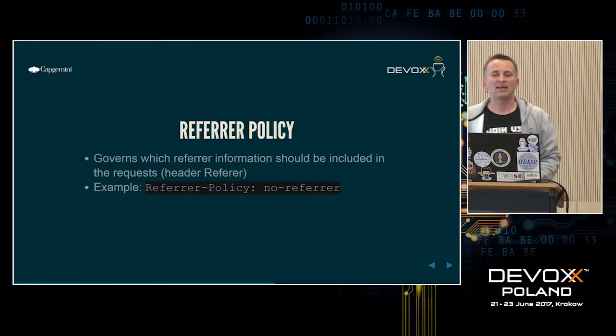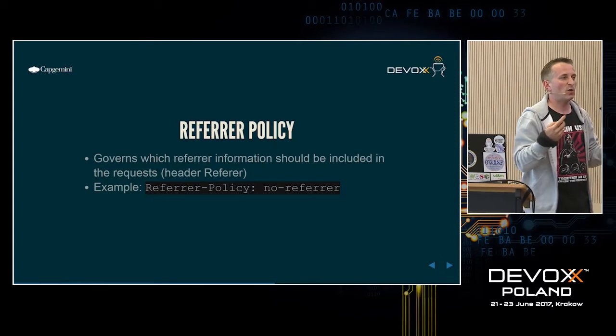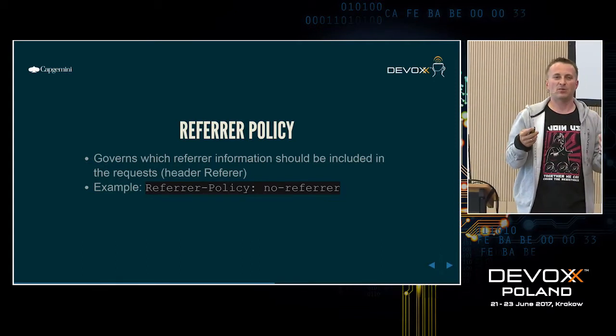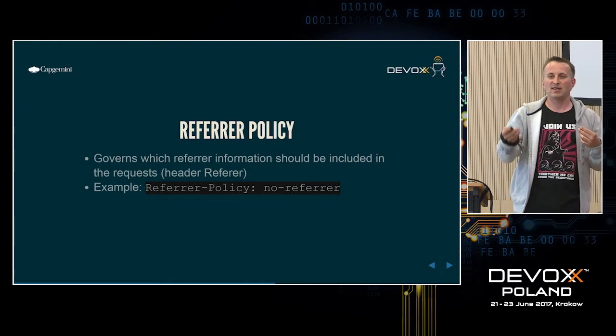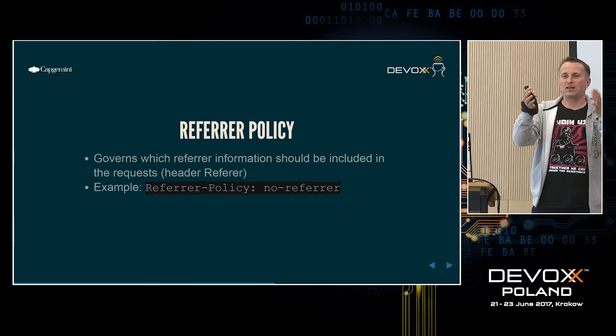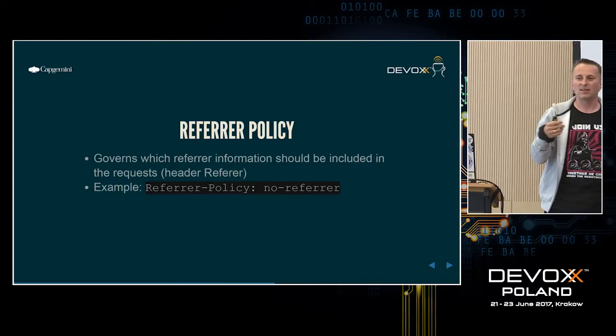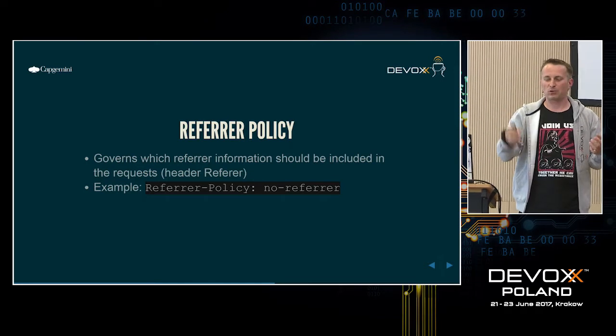Referrer policy. Sometimes our URLs hold some kind of secrets. Like you're on a YouTube page and what you see on this page contains a URL that is hard to guess. So only the people who have access to this URL can see what you're looking at.